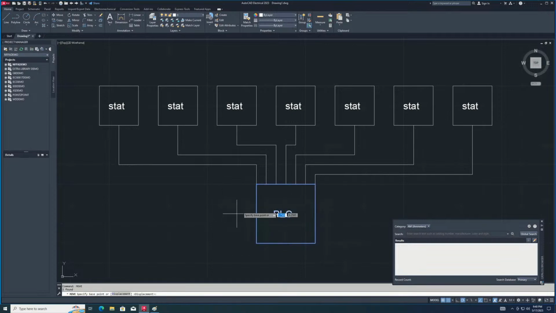And this base point. Oh, we were already in the middle. We just need to move it over the other way.